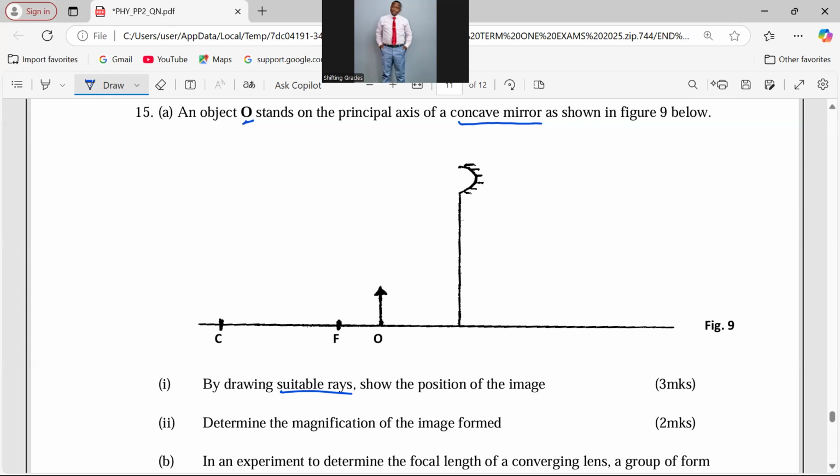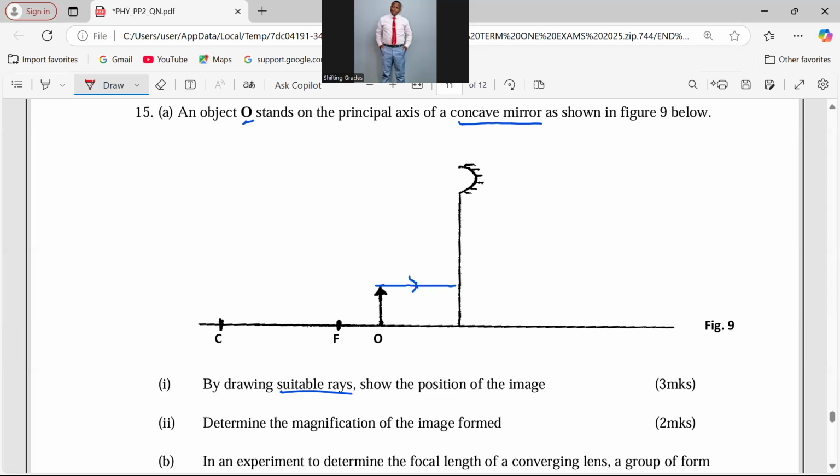Then it moves all the way to the mirror, like that. So this is a ray to the mirror, which is close and parallel to the principal axis. This ray is usually reflected through the principal focus of the mirror.